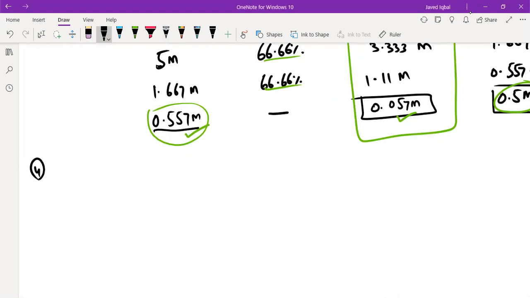So we have the next method, sum of years digit method. Example, here we had a life of 3 years.